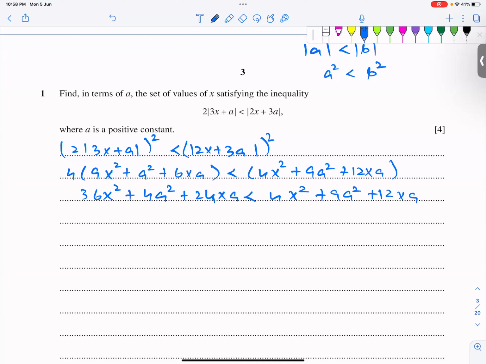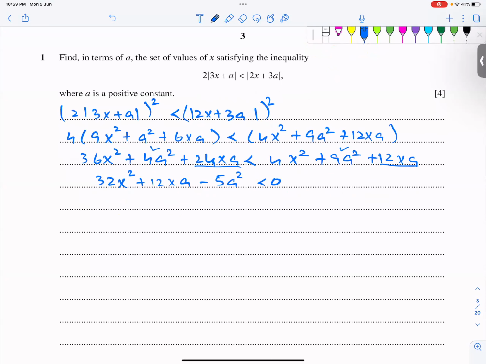Now bring all the terms on the left side. So this will be 32x square, 24xa minus 12xa, so this will be plus 12xa, and then 4a square minus 9a square. This will be negative 5a square less than 0.